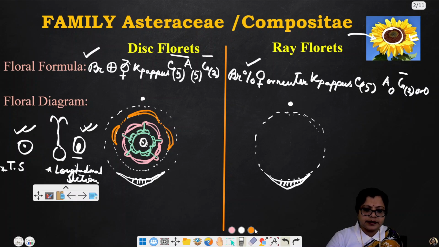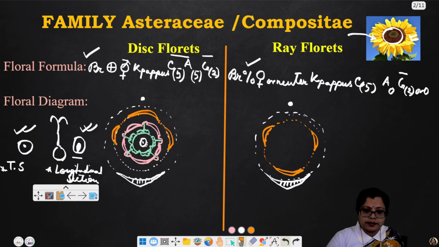Now the second whorl that we have to draw, that is calyx, modified pappus type. It may be more than 3, many are there.